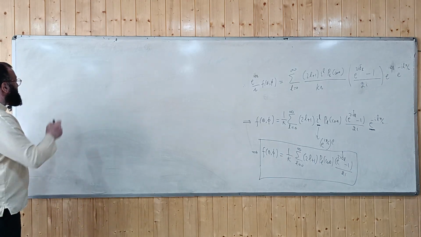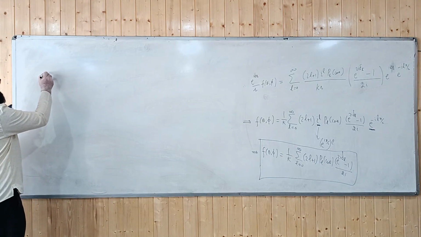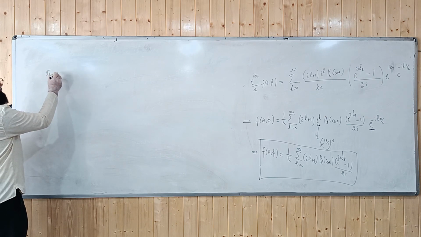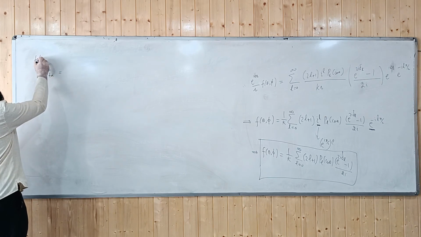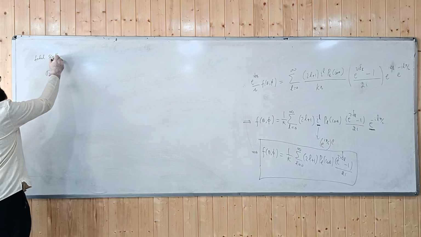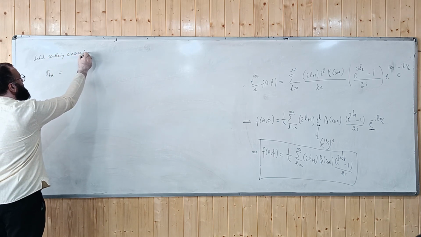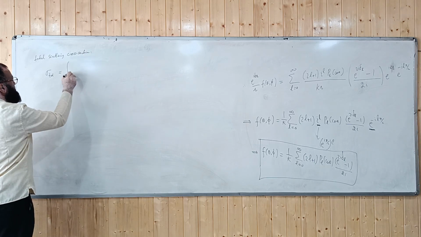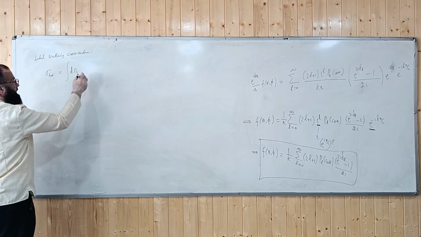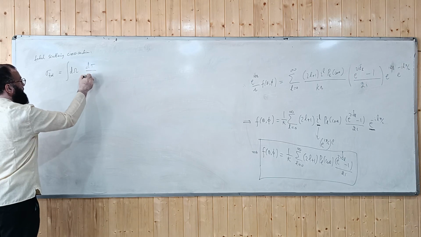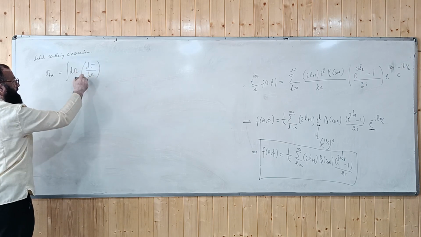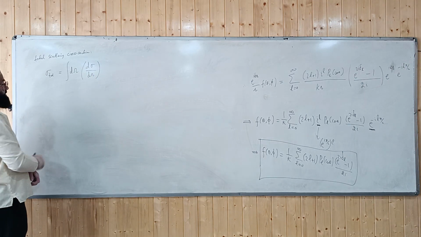So let's try. We usually write the total scattering cross section like this: the integral of dΩ, which is the solid angle, times dσ by dΩ. Clear? So this is the total scattering cross section.